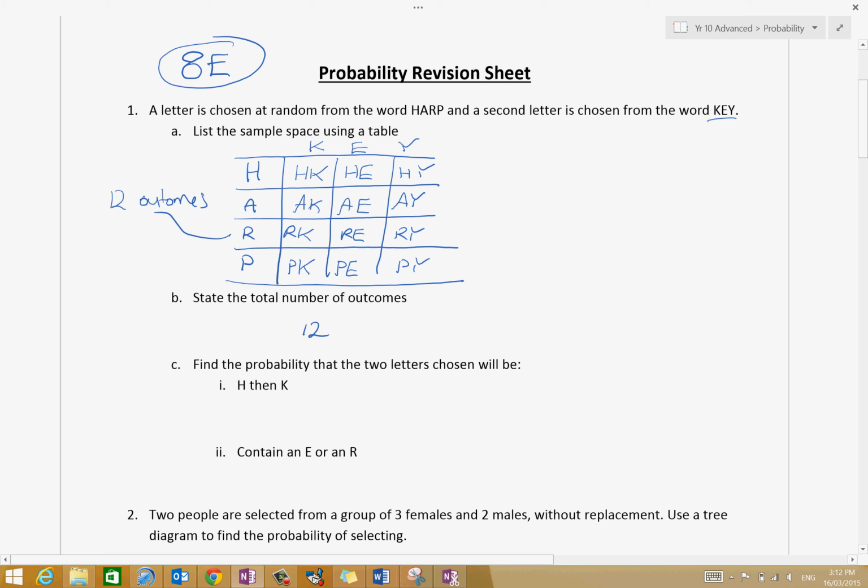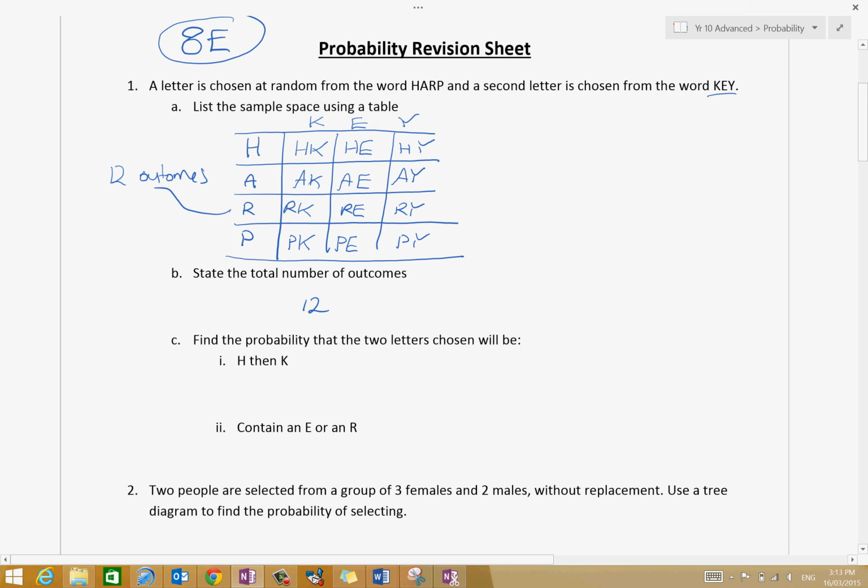It says find the probability that the 2 letters chosen will be H then K. Well, H then K, there's only one of those 12 that is favourable. So the probability of H then K is equal to how many favourable outcomes? 1 out of a possible 12. And you can leave that as such. Is the question asking us for decimals or a percentage?